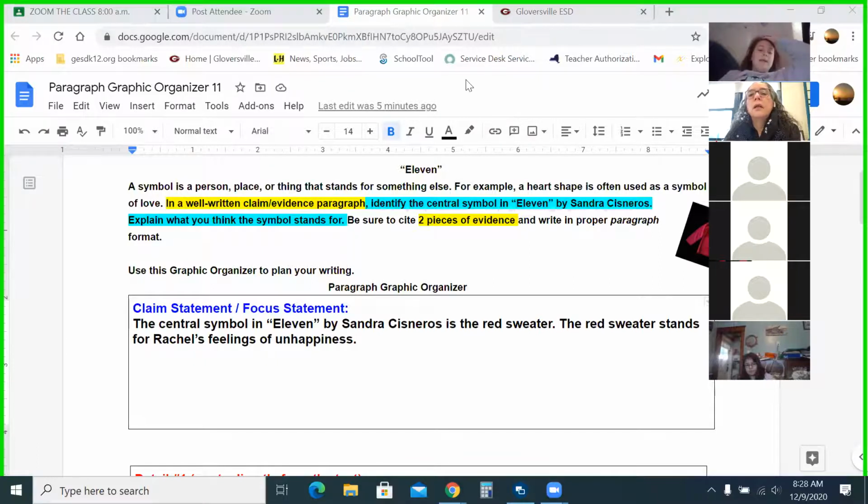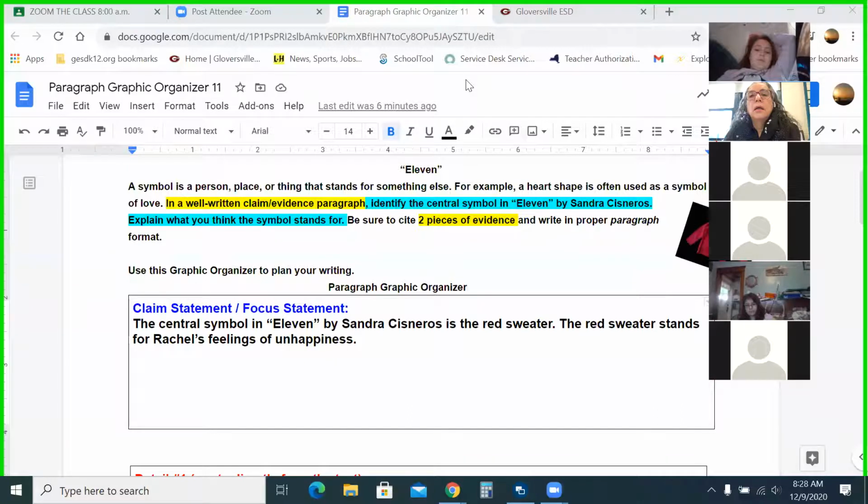I didn't get to put in the reason why because I just now finished. Did you copy both these sentences in your graphic organizer? Yes. Okay, then you're ready. Georgia, are you ready? Yeah. Okay, Justin, are you ready?